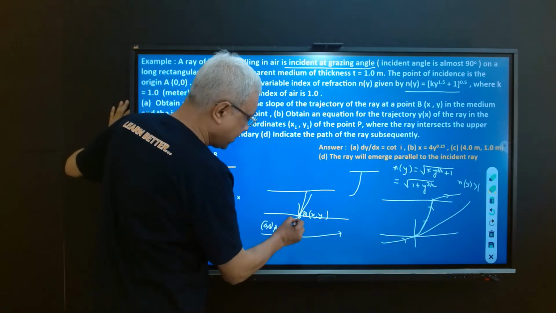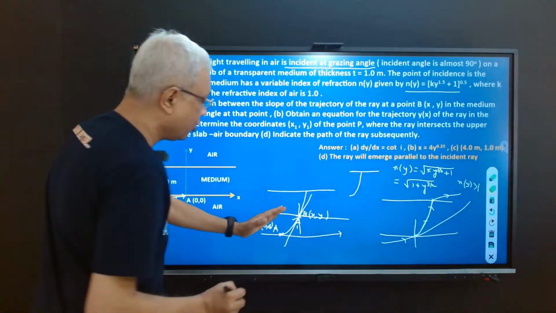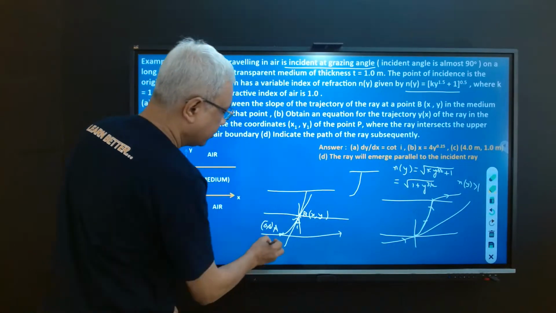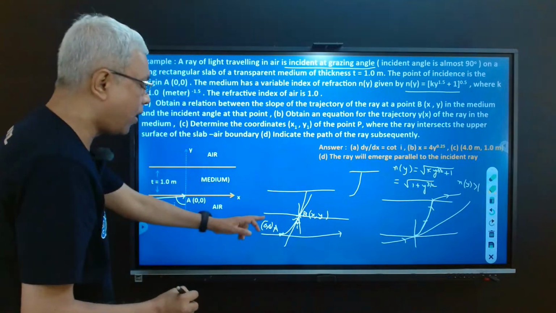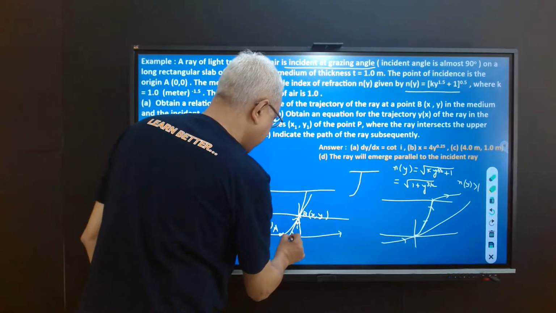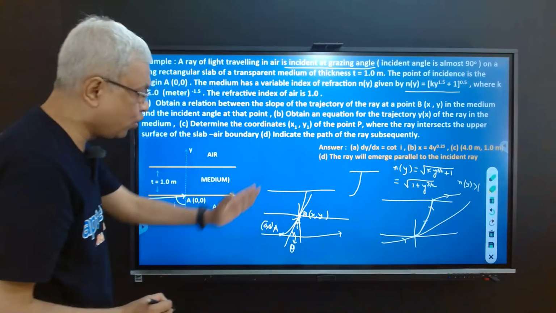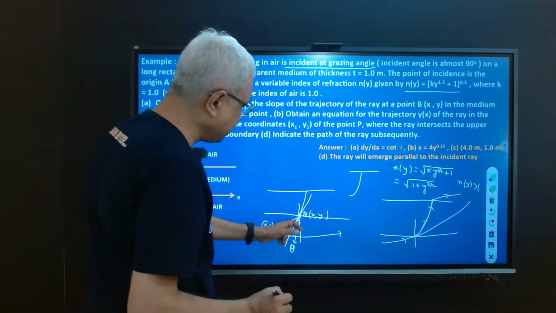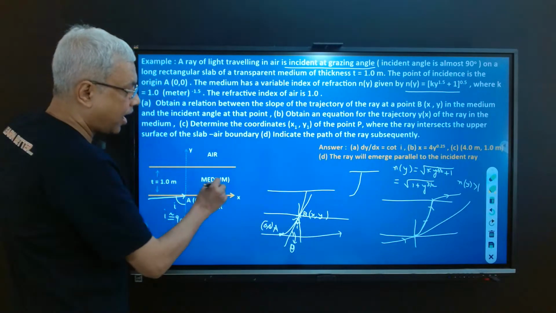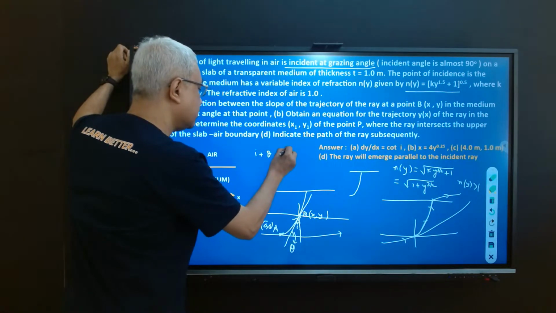So this is the tangent line, and let the tangent make an angle I with the normal. Okay, so this angle is I. And this particular angle is theta, which is the slope of the tangent, and then I is the angle of incidence of the light at the point B. I plus theta is obviously pi by 2.